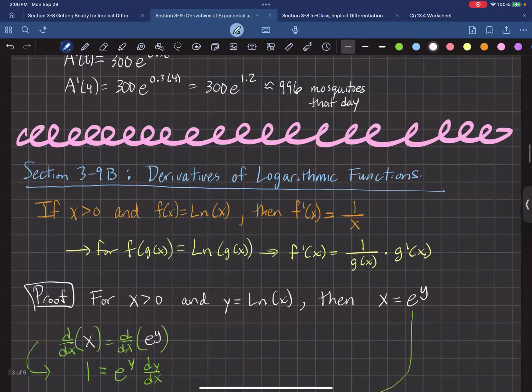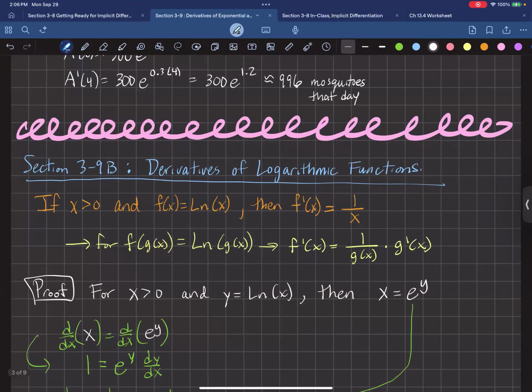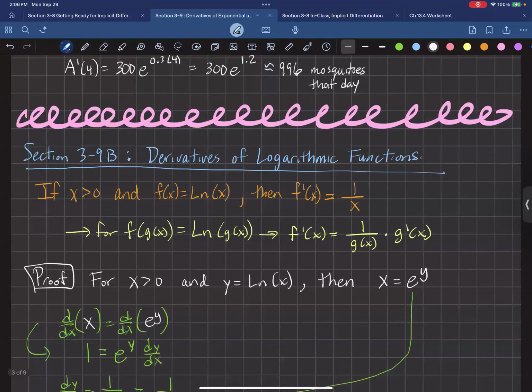So we've got x equals e to the y. We use implicit differentiation. We take the derivative of the left side, we've got 1. The derivative of the right side, we already saw the derivative of e to the anything is itself, times the derivative of the exponent, and that's going to give us a dy dx. So e to the y dy dx equals 1.